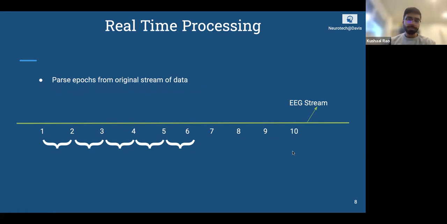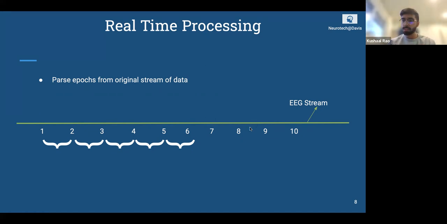So you're getting a continuous stream of data, but one thing that you cannot do is pass a continuous, long segment of data into some sort of filter or into a machine learning model. It has to be broken up into discrete segments. So the way we do that is we create epochs from the original stream of data.